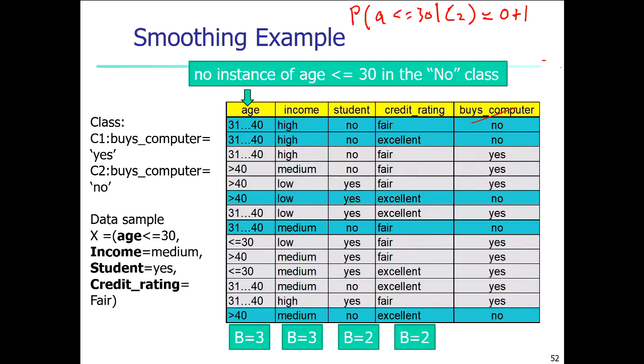Now we would have 0 plus 1 divided by 5, but we need 5 plus b. So what is the number b? The number b is the number of distinct values of this attribute. So for attribute age, b should be 3.